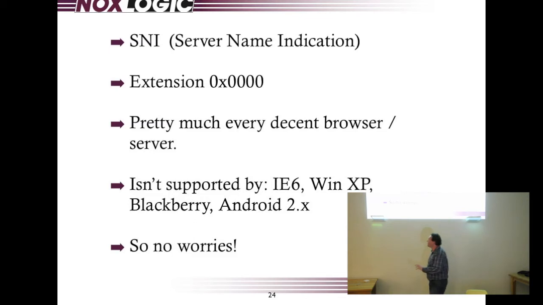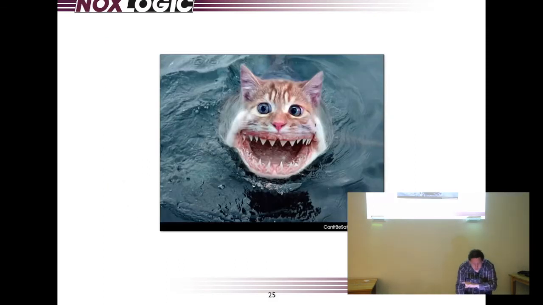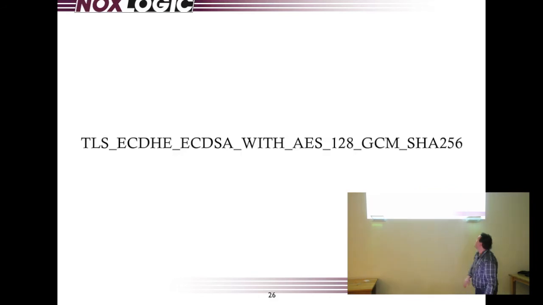There are some ways to get around that, but in this day and age, if you need something that needs to be run on IE6, the least of your problems is getting your site on HTTPS, I think. So if you're going to use it, you can use SNI without any problems. It's really easy to configure on your web server as well, and at least you don't need 10 IPs for 10 different websites.